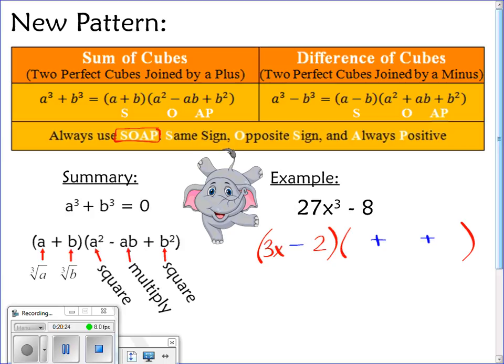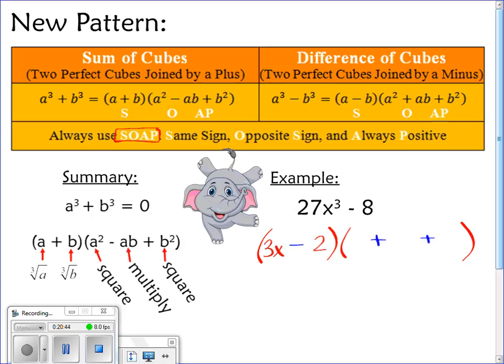It's based off your original one. Same, opposite, always positive. That's what SOAP stands for. I like stupid ways to remember things.